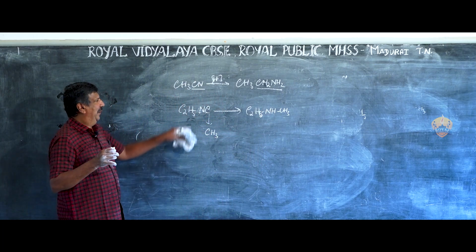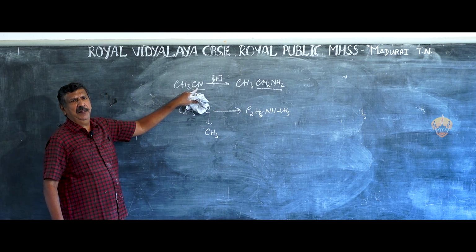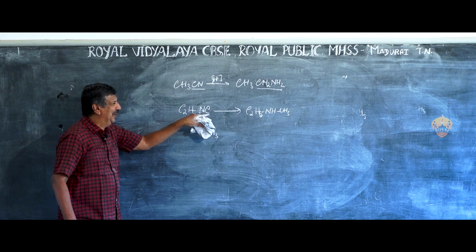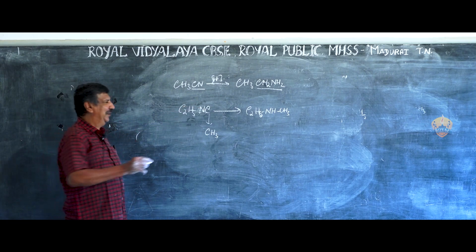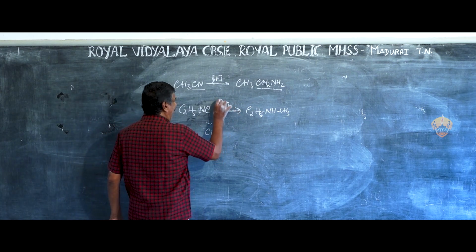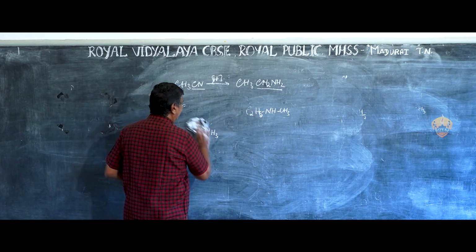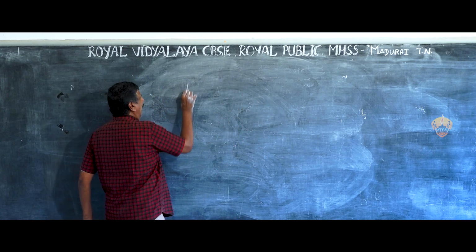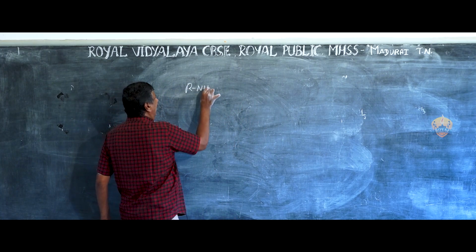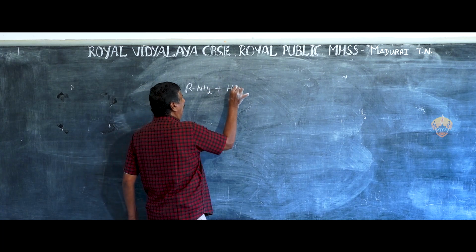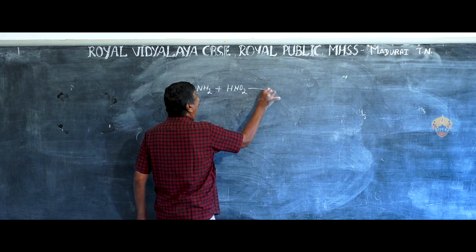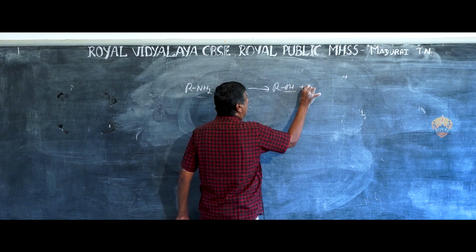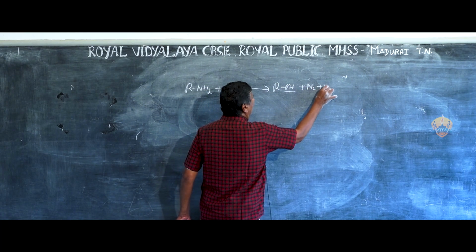When you reduce a cyanide, it gives a primary amine. When you reduce an isocyanide, it gives a secondary amine. That is the difference. Okay, next one. Any amine, when treated with nitrous acid, is very simple, you all know. It gives the corresponding alcohol.